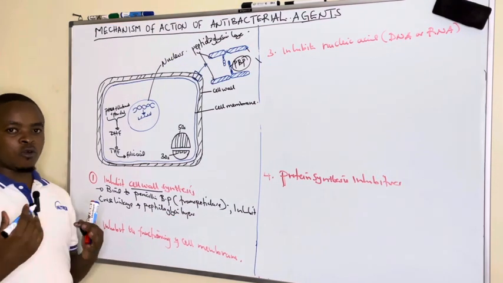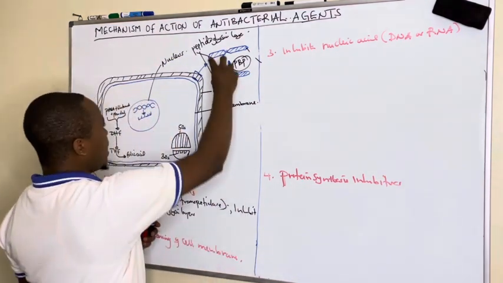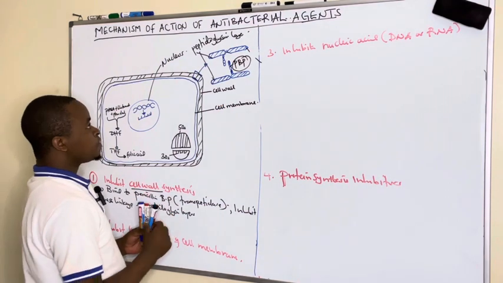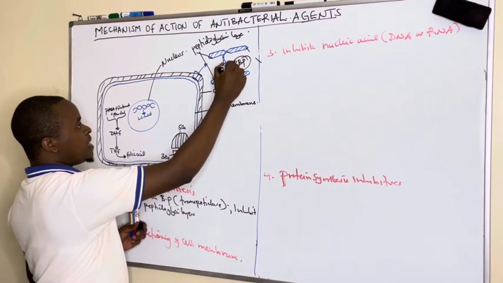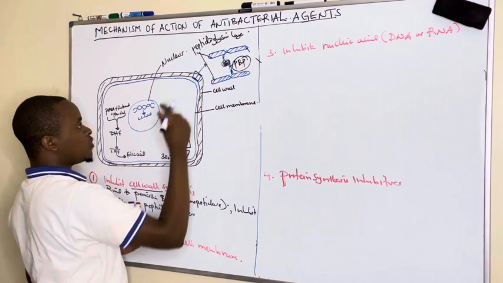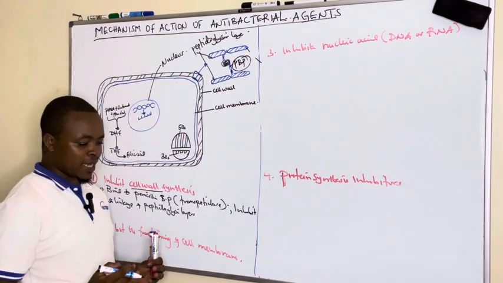Normally, these penicillin binding proteins come together and cross-link two different layers of peptidoglycan.